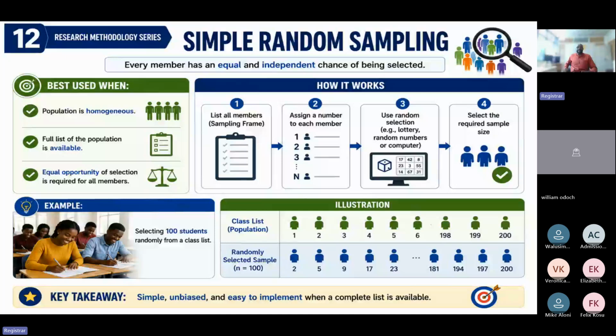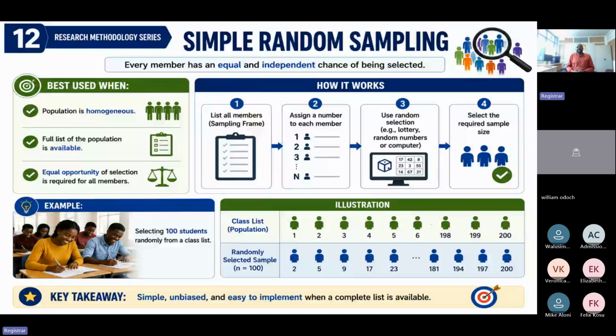So how it works: list all the members, that is what we call the sample frame, assign a number to each member, then use a random selection or lottery method. If you have 100 people, numbered 1 to 100, you can pick randomly, and those people become your sample.